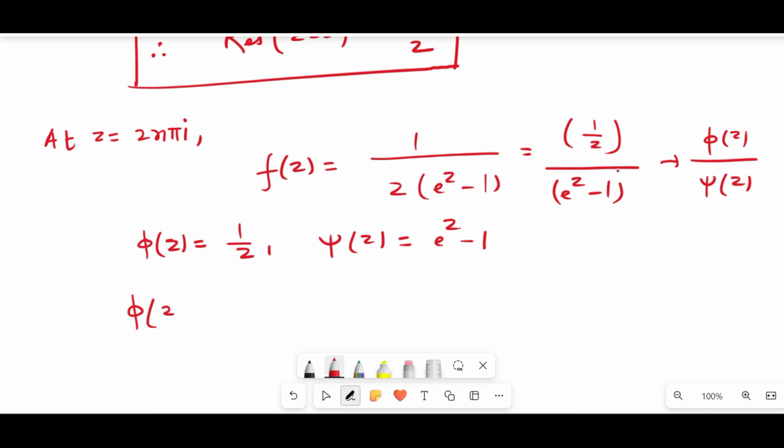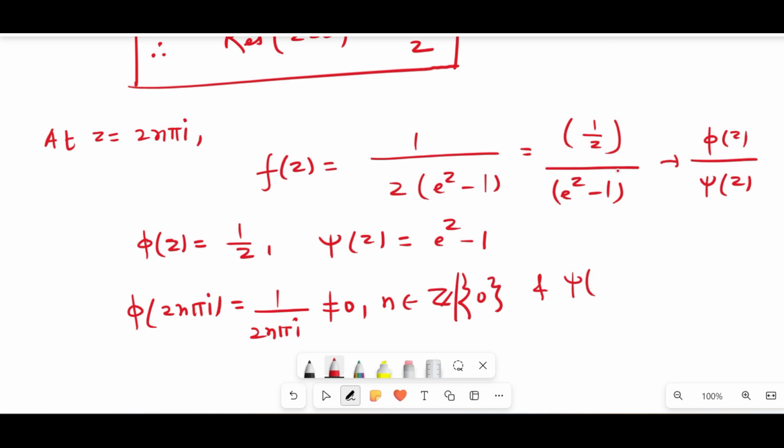Here phi of 2n pi i, that is 1 upon 2n pi i, is non-zero for all n belongs to Z except 0, because we have already calculated at z is equal to 0. Now further, psi of 2n pi i will give e to the power of 2n pi i minus 1, that is 1 minus 1 is equal to 0.